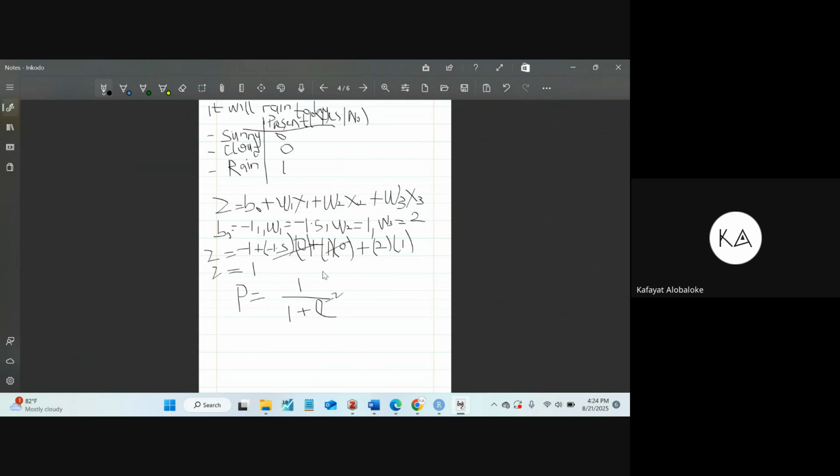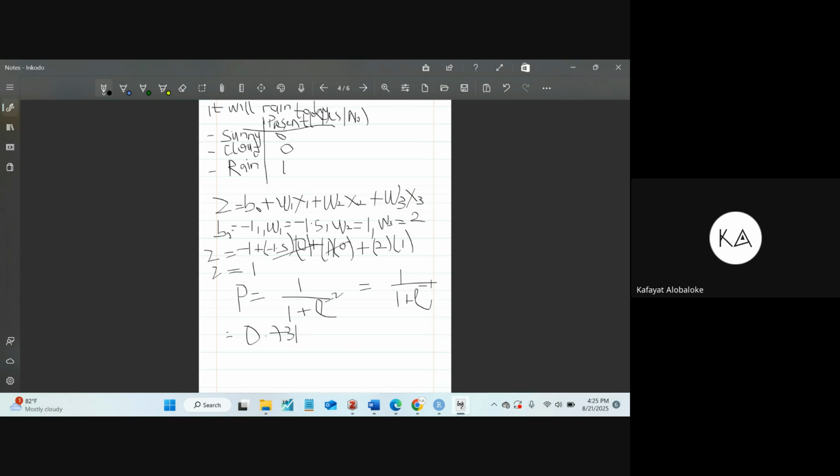The z in this case is what we just calculated, the weighted sum. So we have 1 over 1 plus exponential minus 1. If you calculate this, you get 0.731. Now, this is our probability.